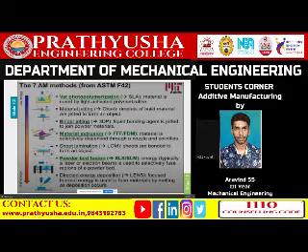These are the processes used to print metals, and because you need a high energy to melt the metals for 3D printing, you need to apply a lot of energy in the process.